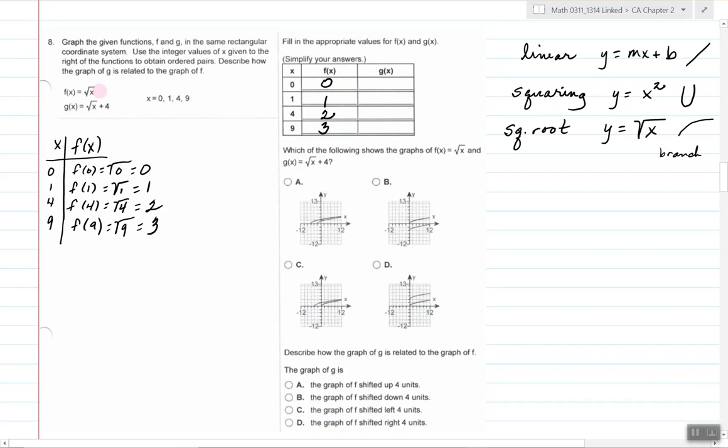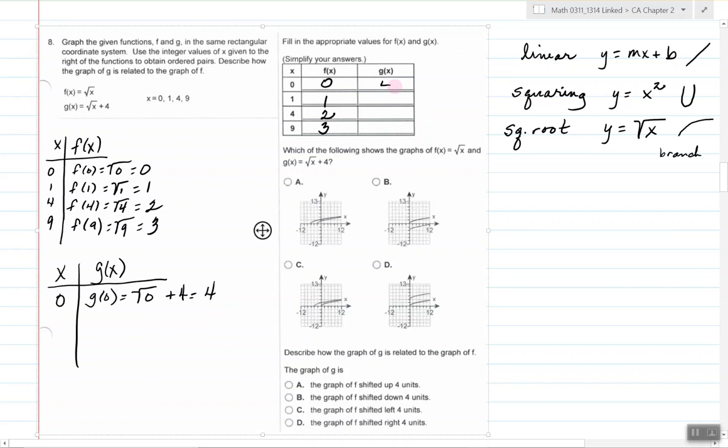Now, they ask me then to go on and to find g of x. So if I had x and g of x, remember that's just another name for a different y. If x is 0, g of 0 is the square root of 0 plus 4, and that will give me 4. If x is 1, g of 1 is the square root of 1 plus 4.